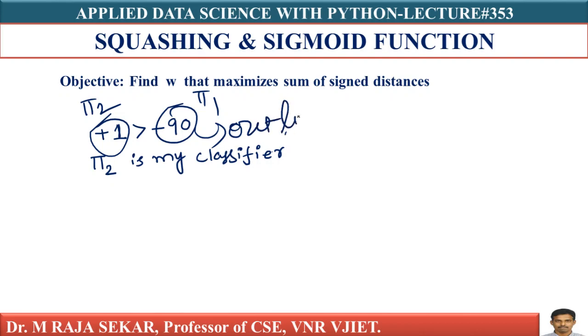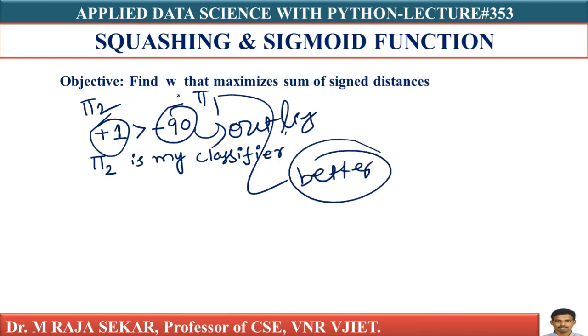Because intuitively speaking, this pi 1 is better than pi 2. Why? Because it is correctly classifying 5 positive points and 5 negative points, with only one outlier. That's why we are saying that pi 1 is not a good classifier.